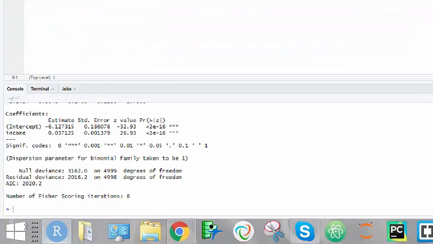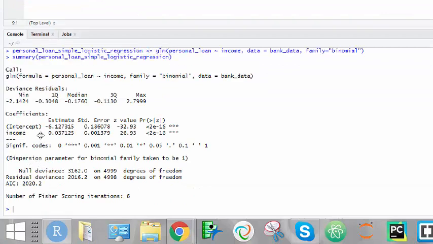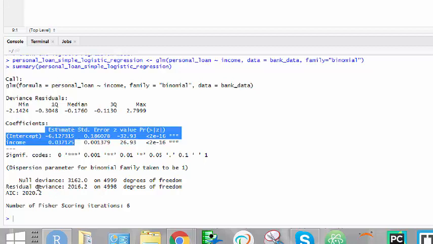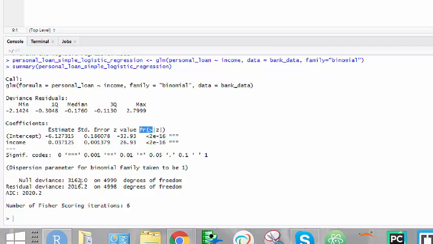The summary looks a lot like what we saw for the linear model. It has a table with coefficients. We have intercept, we have income slope. Estimates, that's where the model really is contained. And at the end, you can see that I have probability greater than z. What do I find in that last column?